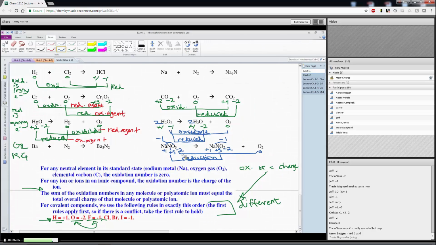Some of the oxygens remain the same, and some of them were oxidized. But we would say in this reaction that oxygen was the element that was oxidized, and nitrogen was the element that was reduced.